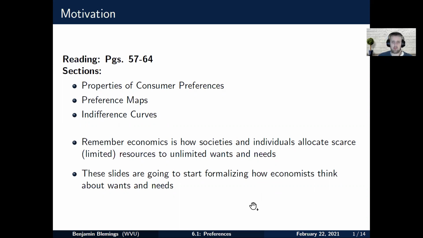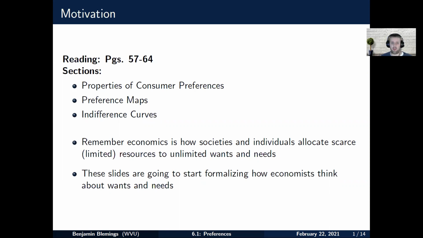So remember that when we talk about economics, I define it as how societies and individuals allocate scarce or limited resources to unlimited wants and needs. So in this unit, we're going to be talking mainly about how individuals allocate their scarce resources to unlimited wants and needs, and then you can aggregate it from there.